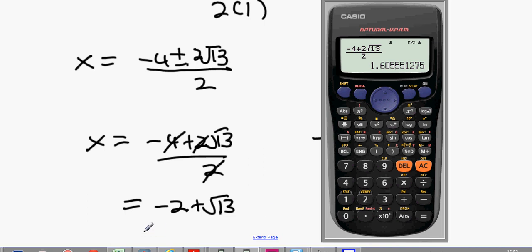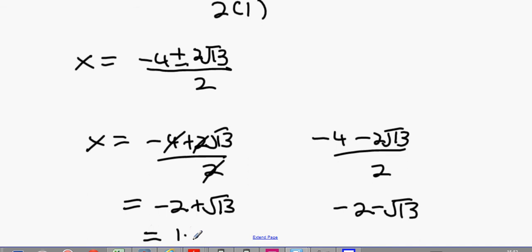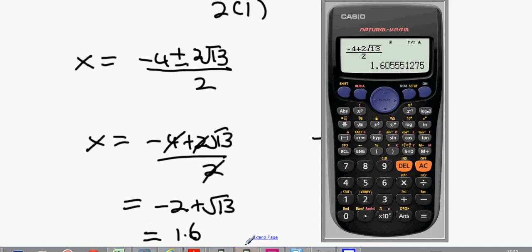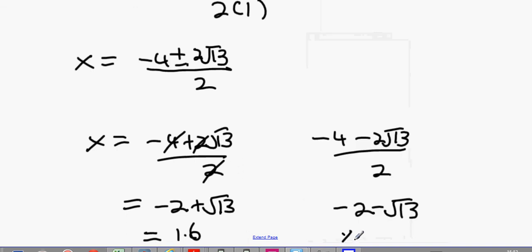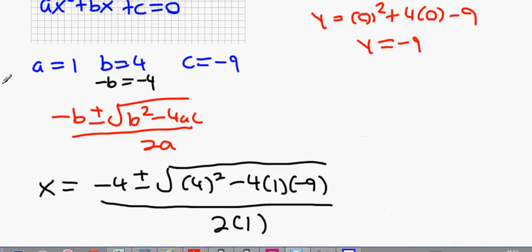Okay, so 1.6 for x. And then the other one, which is minus 2 minus root 13. We want it in decimal form, which is minus 5.6. So there are our two answers there. Okay. So this was from question 6 up to question 11.